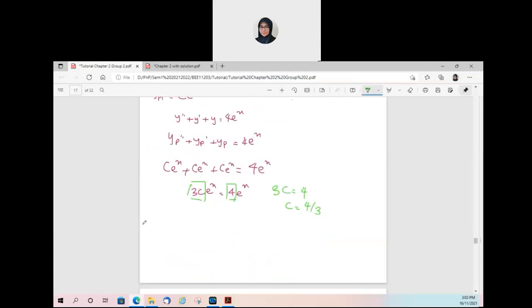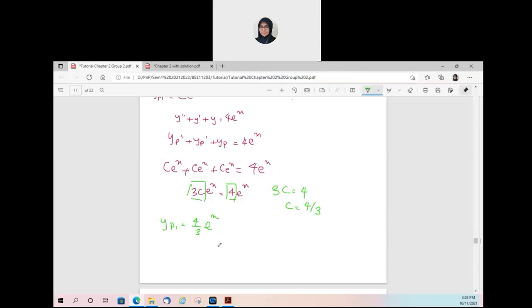Therefore, our YP1 is equals to 4/3 x. This is our YP1. Ada soalan tak? Any question regarding this YP1? Tak ada. Okay.